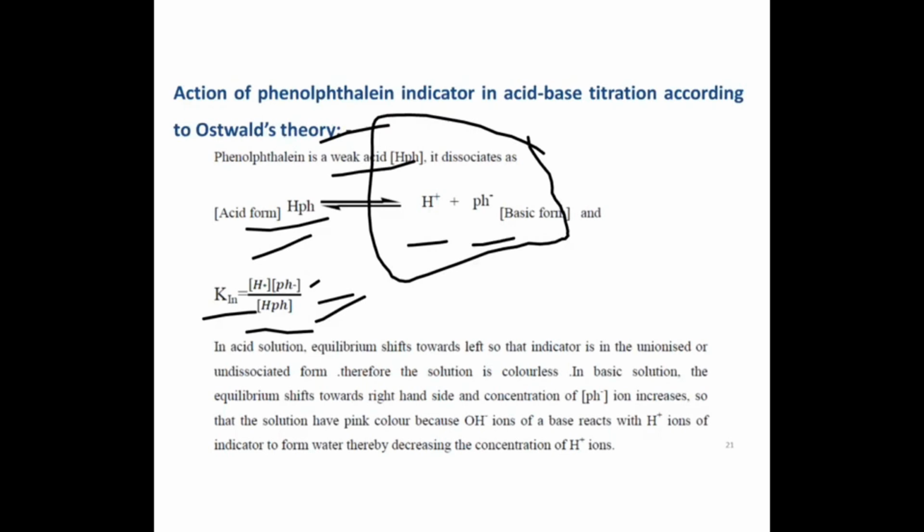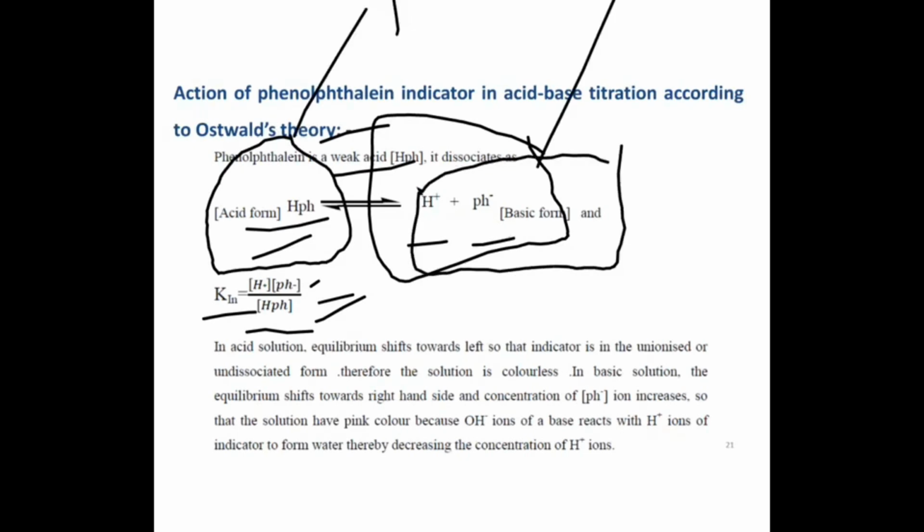The left-hand side is the unionized form and the right-hand side is the ionized form. The ionized form means gaining a positive or negative charge by losing or gaining an electron.